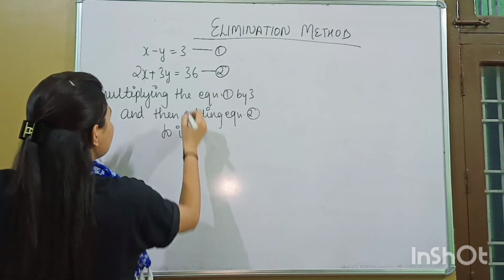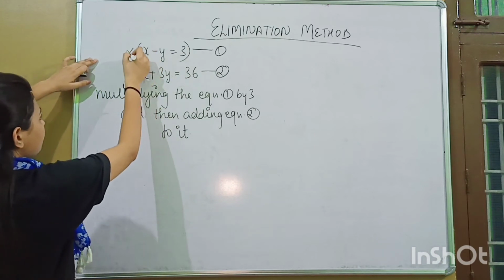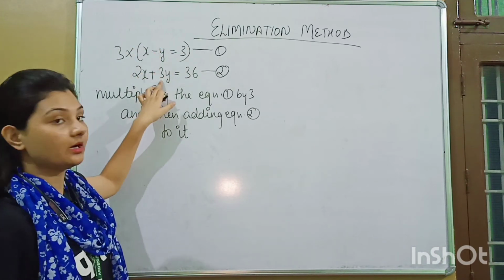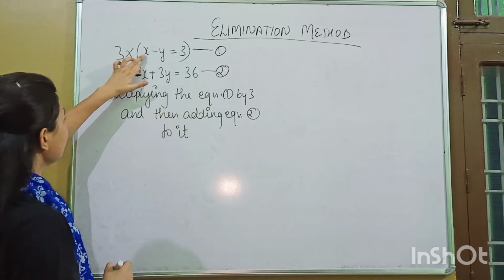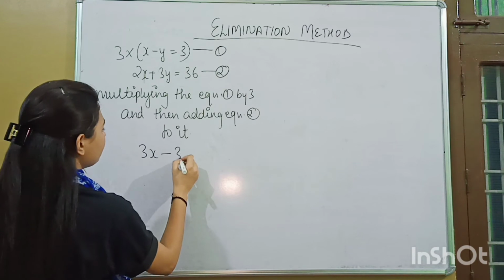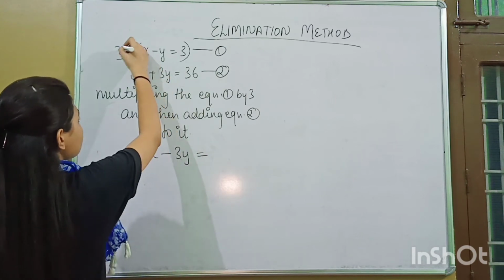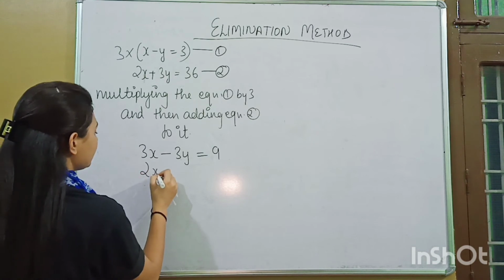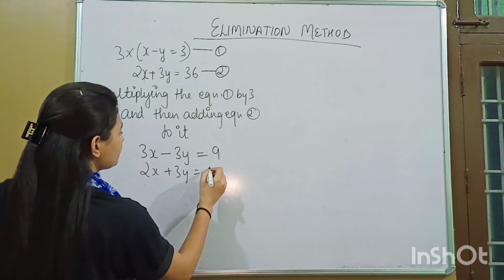We will multiply this equation by 3 so that the coefficient of y becomes the same. So now 3 into x will be 3x, minus 3 into y will be 3y, is equals to 3 into 3 is 9. Now here 2x plus 3y is equals to 36.